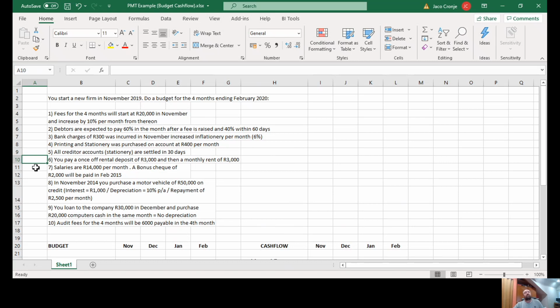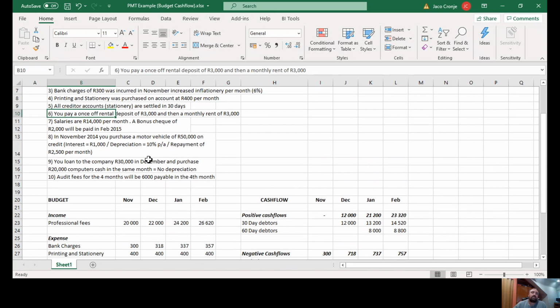Okay, so then we get to our old friend, rent deposit and monthly rent. So let's first look at the rental deposit. Is the rental deposit a budget item, cash flow item, both or none? So let's first look at the budget.